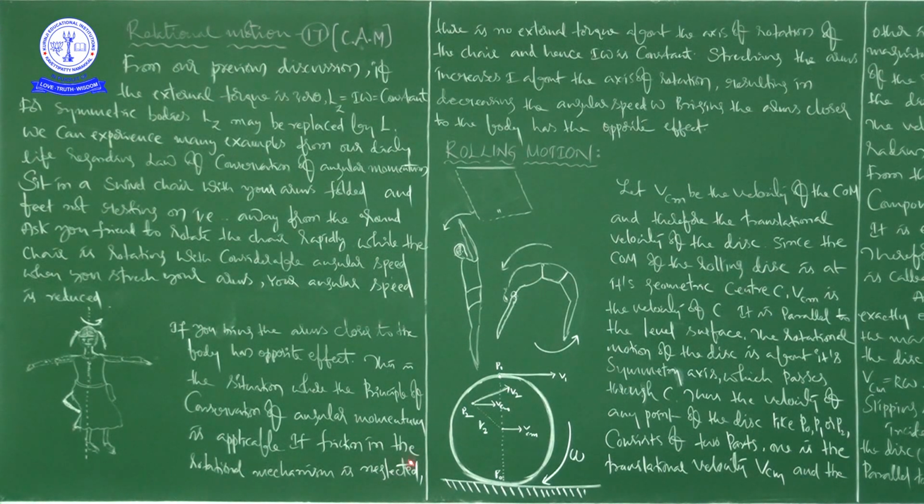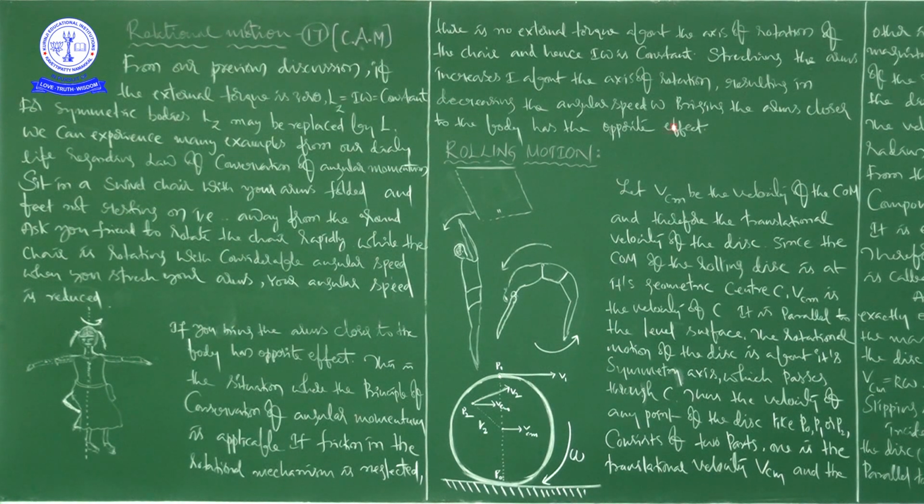You just keep in mind, when he is saying that there is no external torque, you know tau is 0. When tau is 0, what happens? L is equal to I omega, no? So I omega is constant.